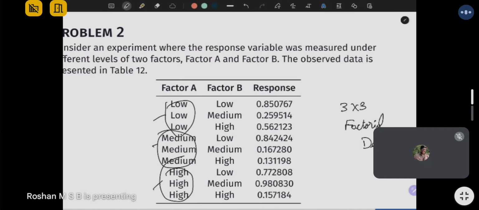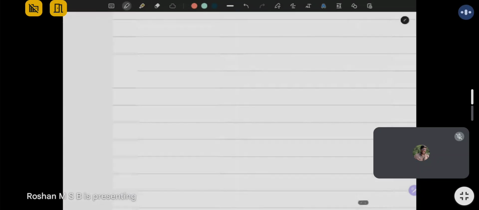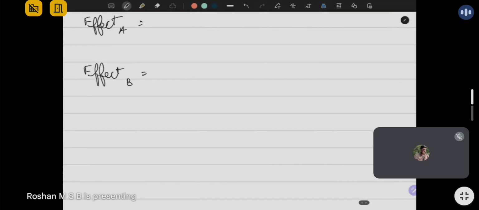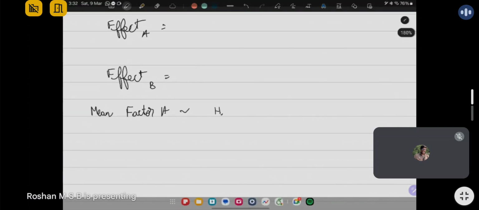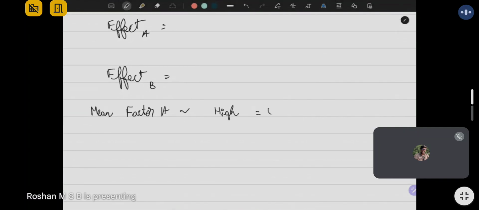Let me write out the mean for factor A. The mean for high will be 0.636, right? Yes, 0.636.